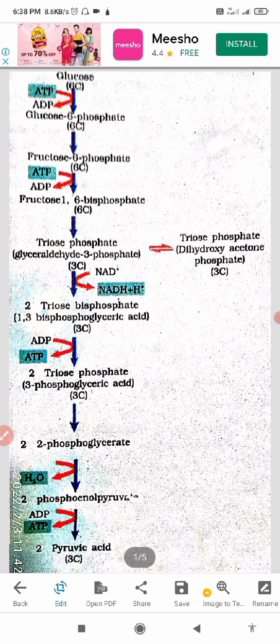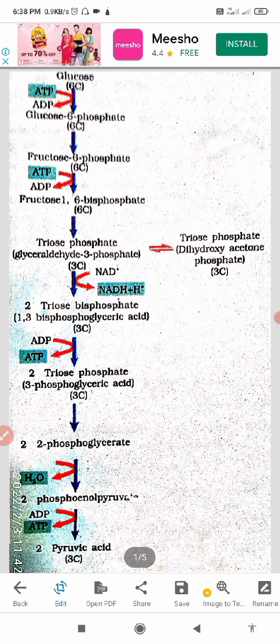Later on, this glucose 6-phosphate gets converted into fructose 6-phosphate, because fructose is the favorable molecule for the plants. And further, the next unit of ATP will act on this fructose 6-phosphate, and one phosphate molecule will be added to it. Where is it coming from? It is coming from the breakdown of ATP.